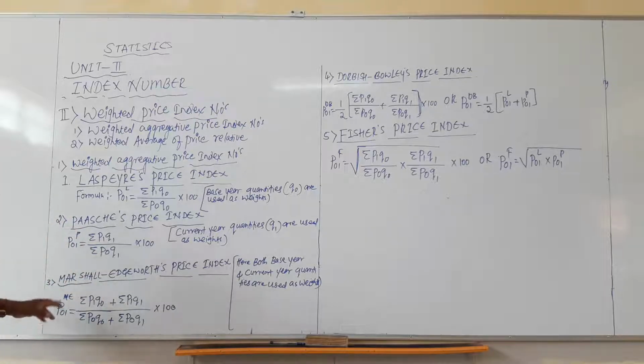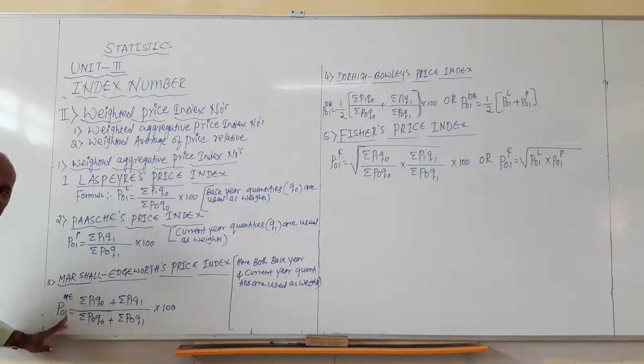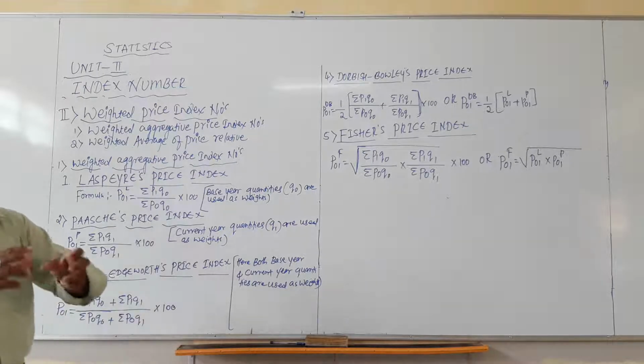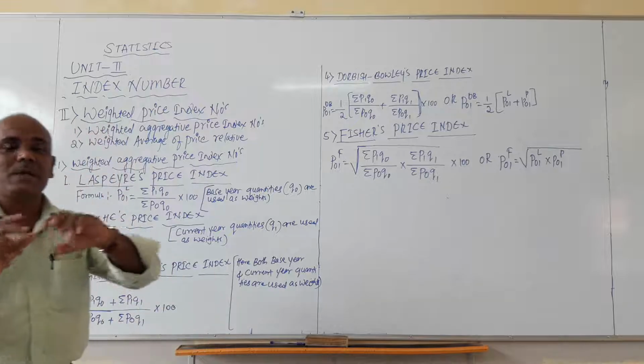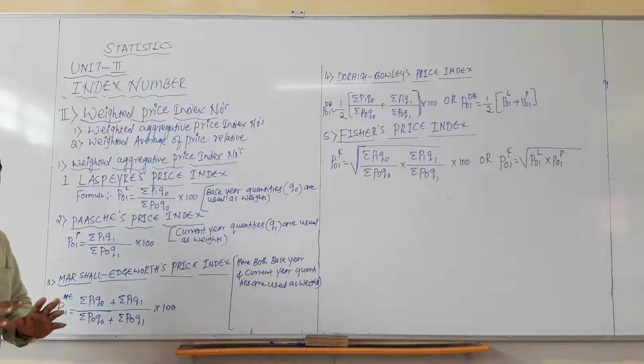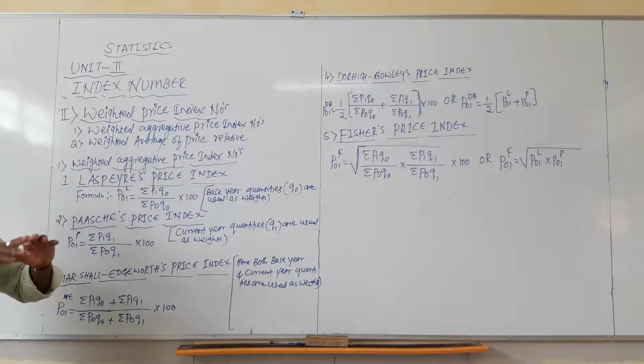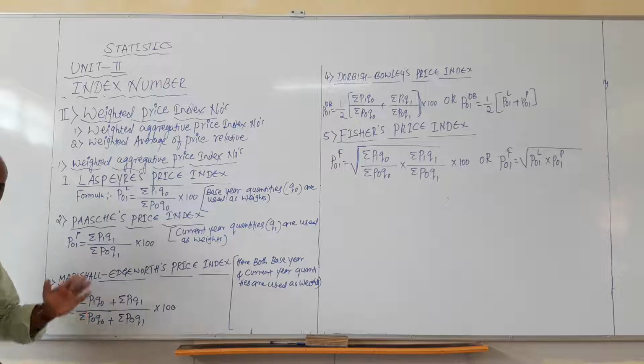Move on to the third one, Marshall-Edgeworth index number. Marshall-Edgeworth takes into consideration both Laspeyres and Paasche's index. It means he considers both base year quantities and current year quantities as weights.